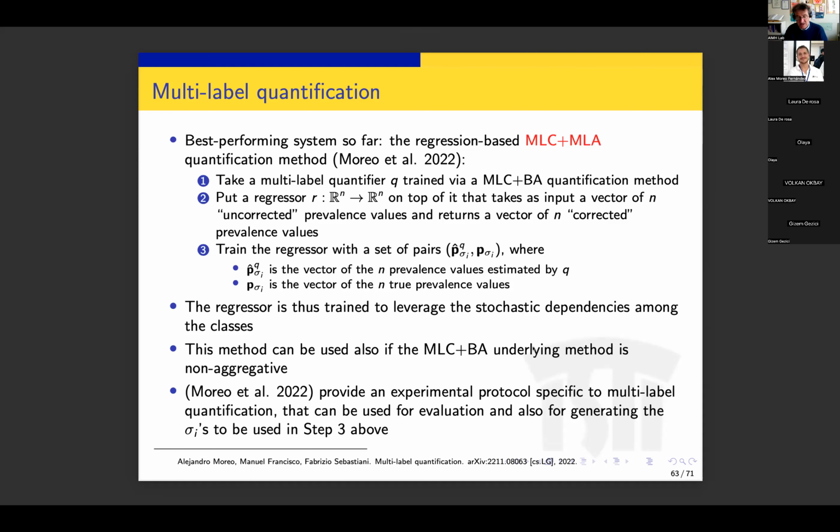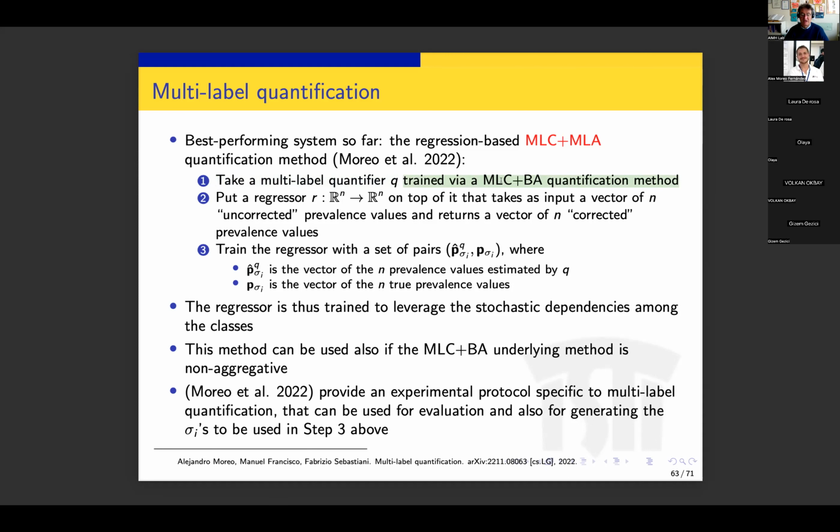Let's look at one such system. How could we set up an MLC plus MLA system? We look at one system in particular, which is the regression-based MLC plus MLA that was proposed by us in a recent paper. How does this work? In step one, we take a multi-label quantifier Q, something that we have trained via an MLC plus BA system.